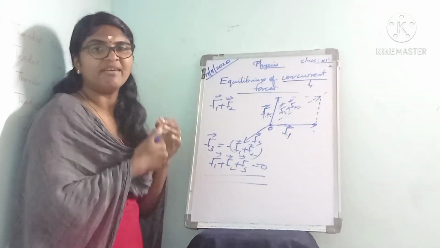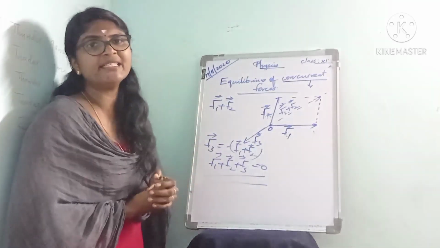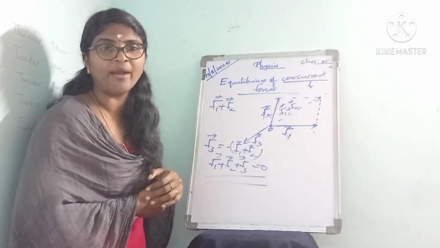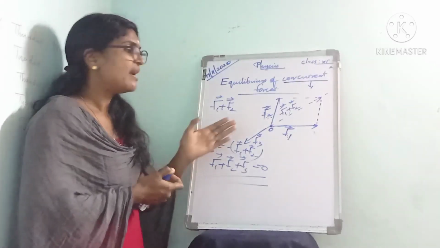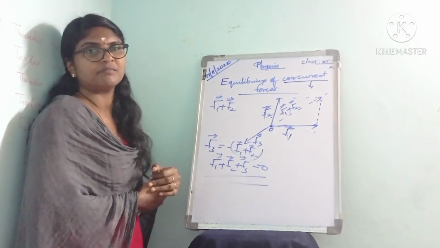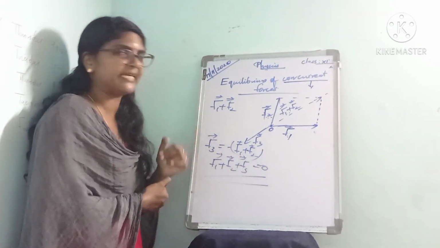Listen to it. When a number of forces act on a body at the same point and the net unbalanced force is 0, that is why we got F1 plus F2 plus F3 equal to 0.